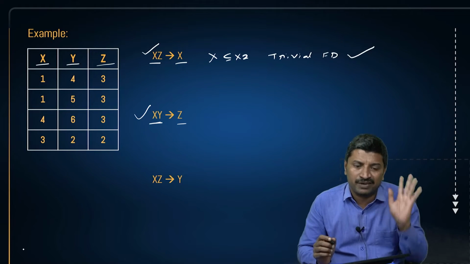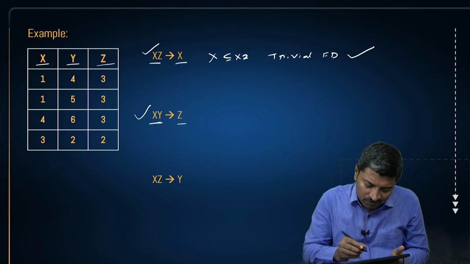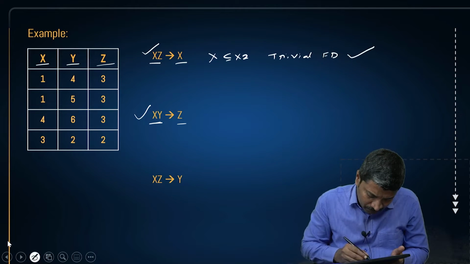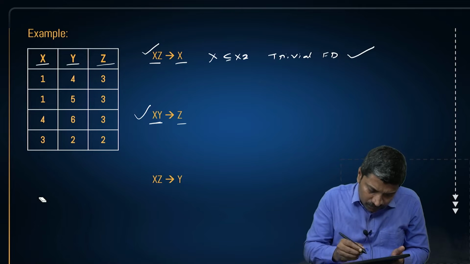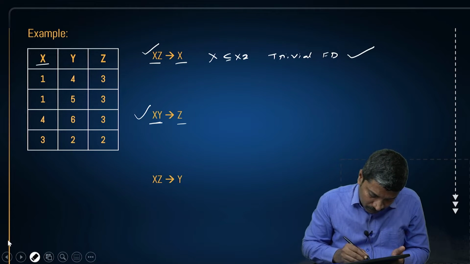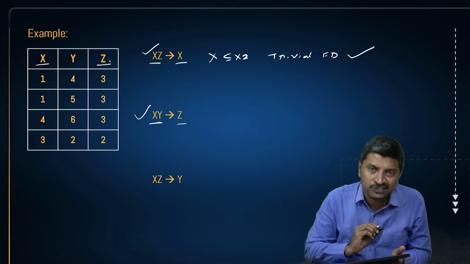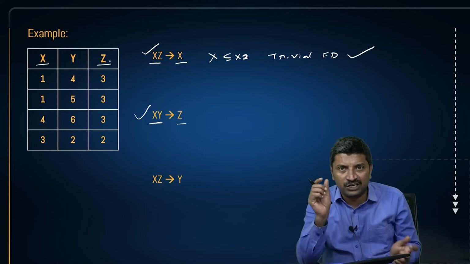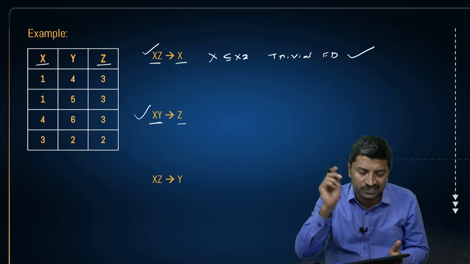xz implies y. So go to the columns of xz. Verify whether there are any two tuples with the same values of xz.